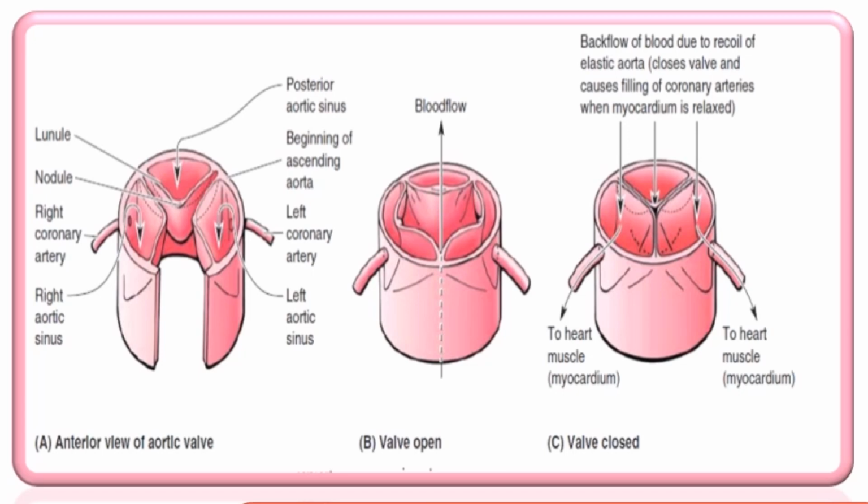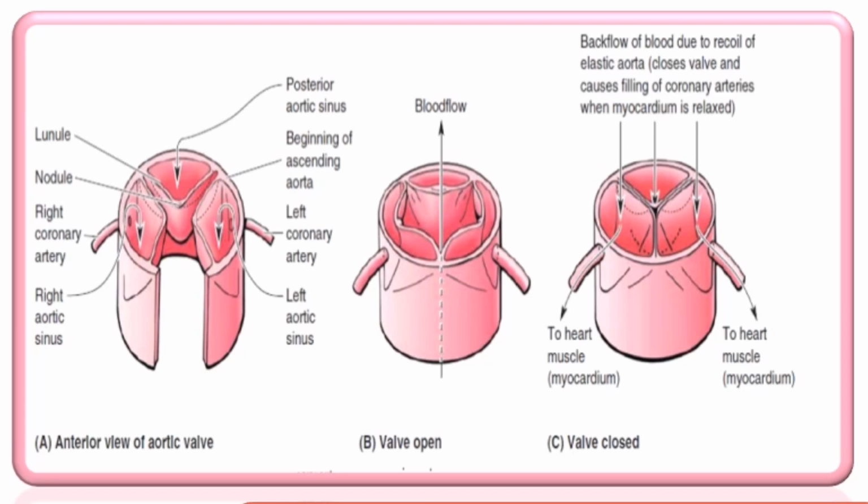And then I also recommend you look at our video on development of the heart, where we took time to explain this relationship. The right and left coronary arteries originate from the right and left aortic sinuses. Also in this view, we can see the right and left aortic sinuses, and then we can see the posterior aortic sinus.